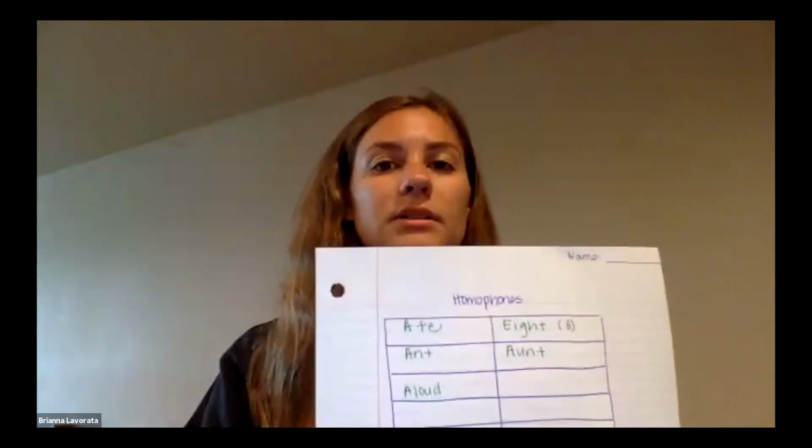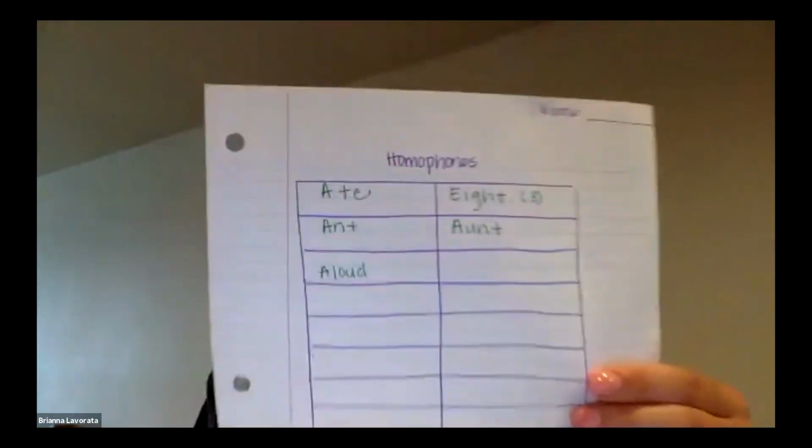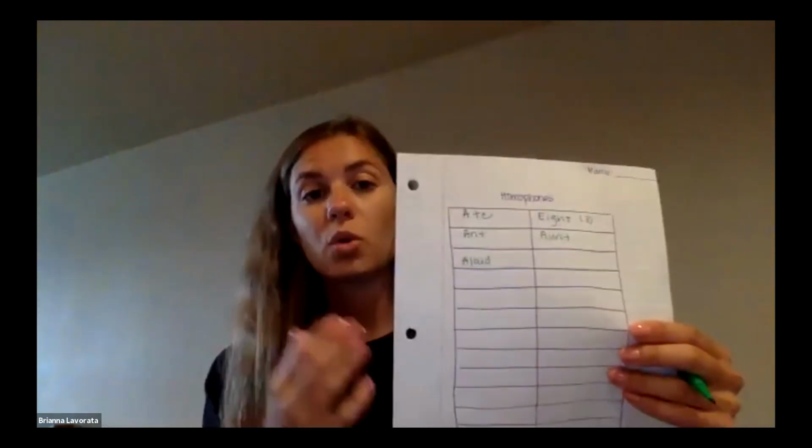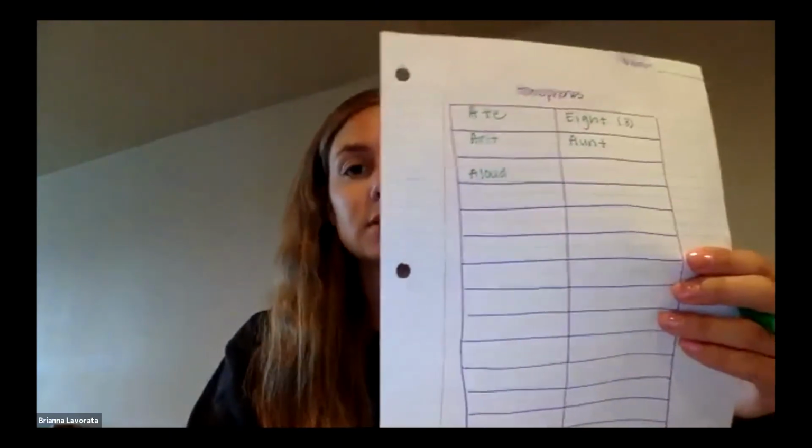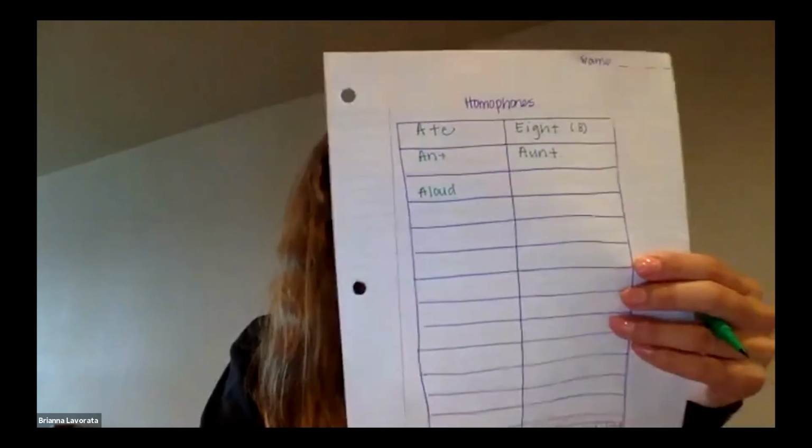Now we're going to list our other example here, which is the word aloud, okay? Aloud, which is spelled just like this. Okay, we have the word aloud. Aloud is like, I read the story aloud. However, there is another type of pronunciation that has a different meaning, and it is allowed, A-L-L-O-W-E-D.